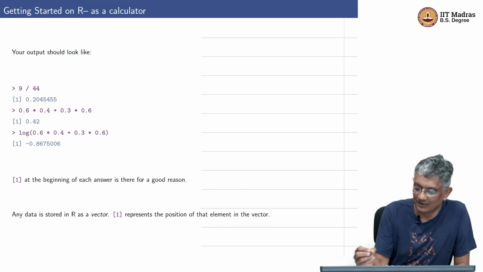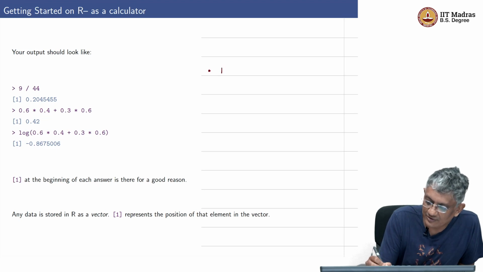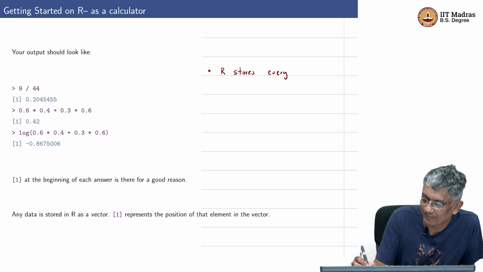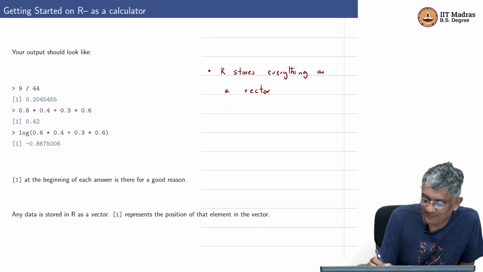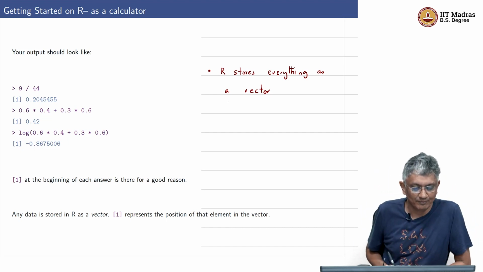This is one thing you must keep in mind, that R stores everything as a vector. Any computation you do will also be stored as a vector, and this 1 indicates the position. That's all there is to it.